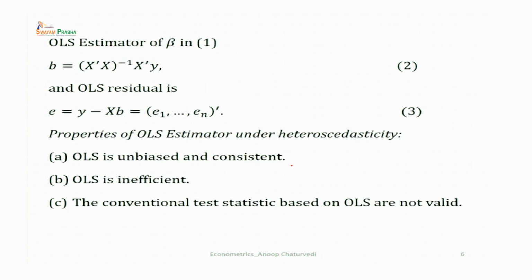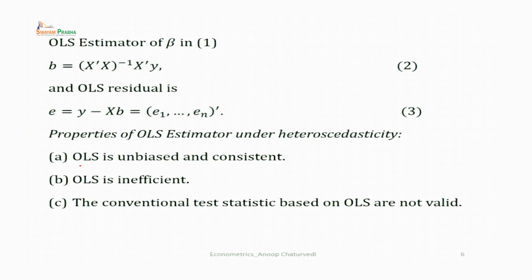Actually, the model having heteroscedastic disturbances is a special case of the model having non-spherical disturbances, which we have discussed in the last lecture. And in the last lecture, we have proved that the OLS estimator is unbiased and consistent even for the model with non-spherical disturbances.